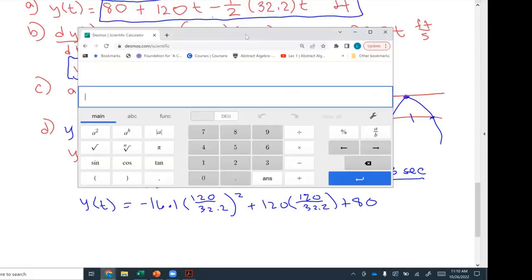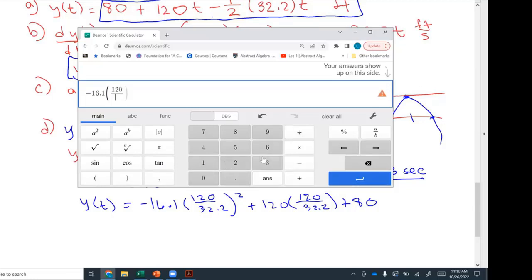All right. So we have negative 16.1 times 120 divided by 32.2, squared, plus 120 times 120 divided by 32.2 plus 80.